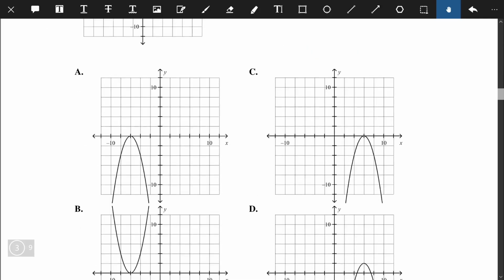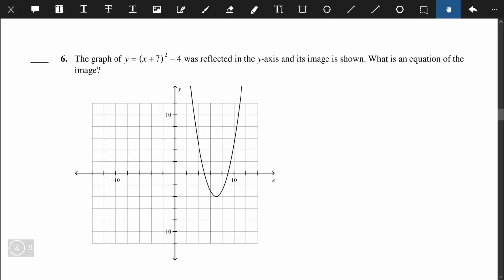Number 6. Okay, the graph of y equals x plus 7 squared minus 4 is reflected in the y-axis, and the image is shown. What is the equation of the image?